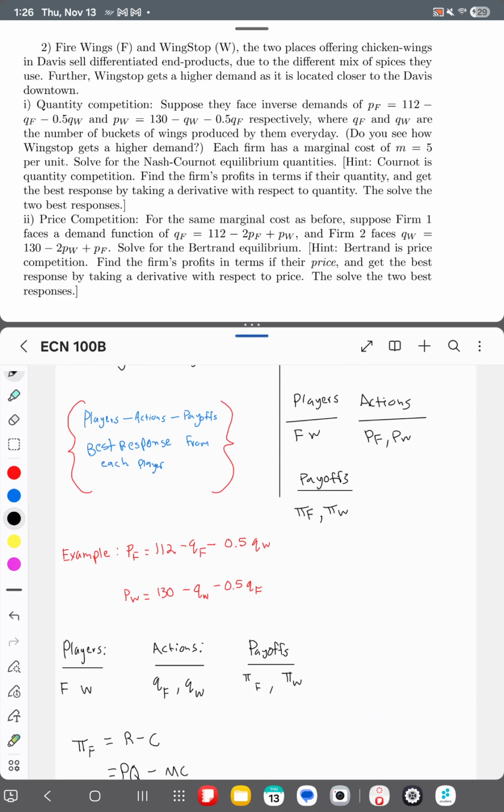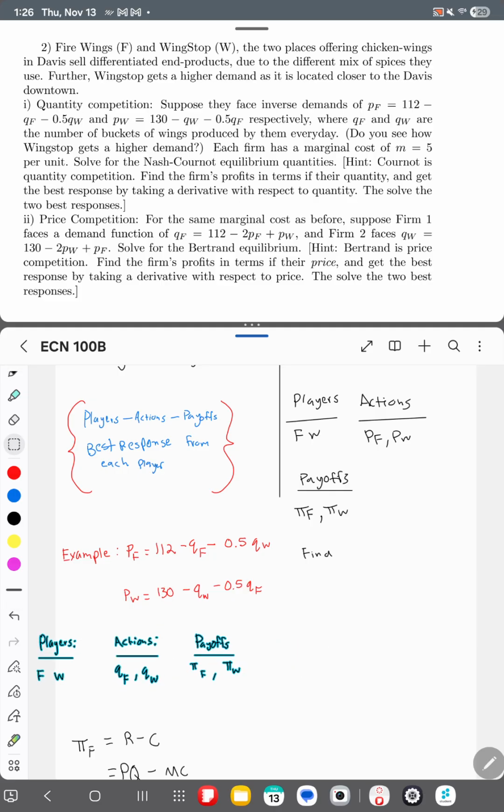The only thing that is going to change is that when you want to find profits, so you want to find phi F and phi W, not in terms of QF and QW, but the prices. You want to find the profits in terms of prices. That's going to be one difference.